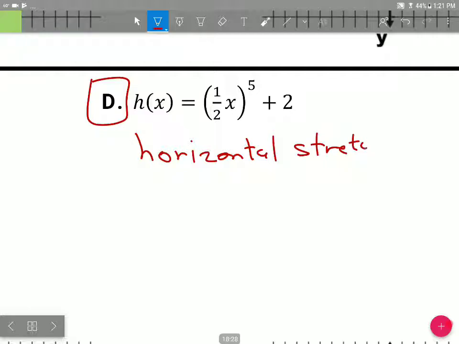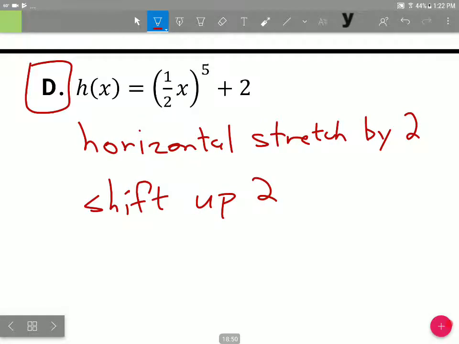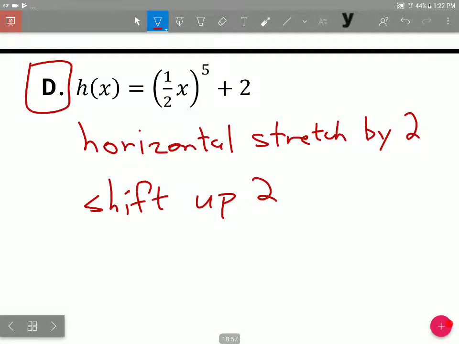Stretch. By 2, right? Yeah, well, you can say it by 2 if you want. You can say either way. Yes, ma'am. Yes, you may. Wow, you're smart. All right.